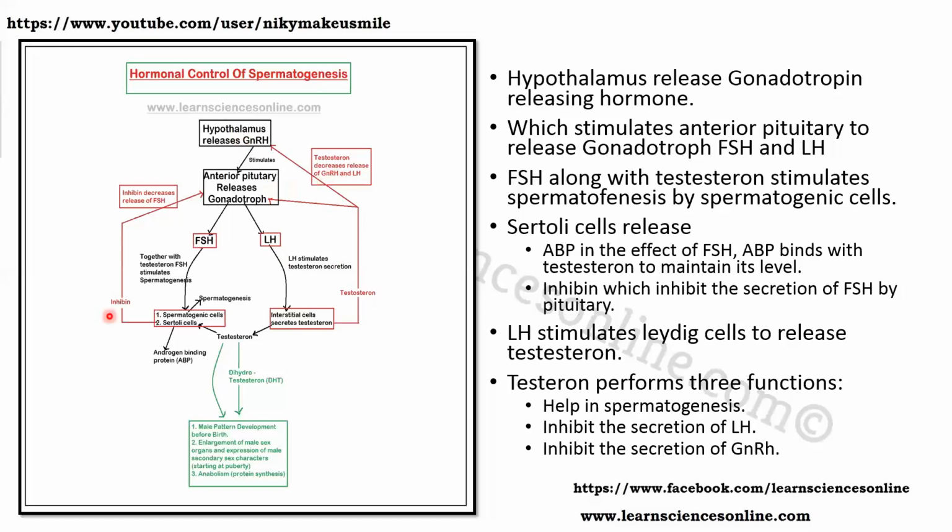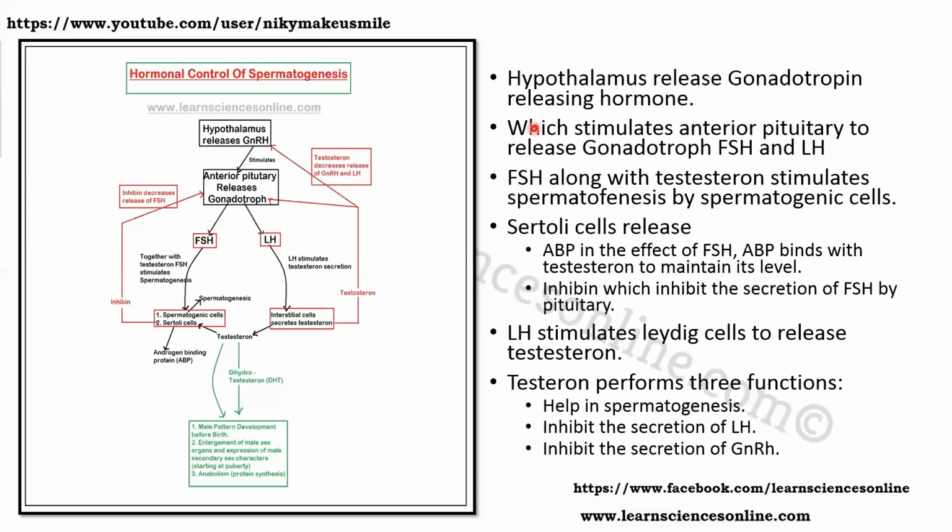Inhibin, which is secreted by Sertoli cells, has a negative effect on the secretion of FSH. So the level of FSH is maintained by inhibin. This inhibin stops the pituitary from secreting more FSH, as FSH should be released in moderate amount only. Is it clear?